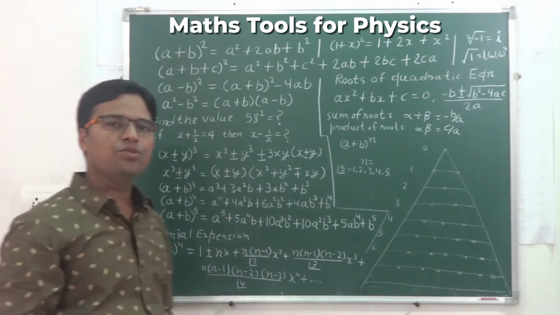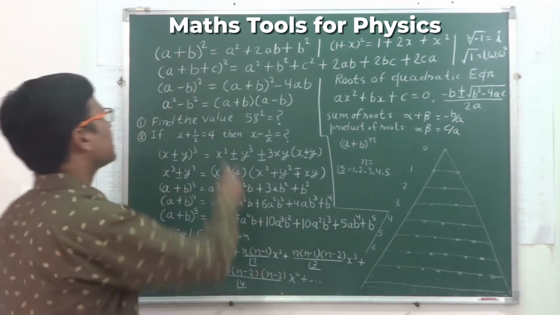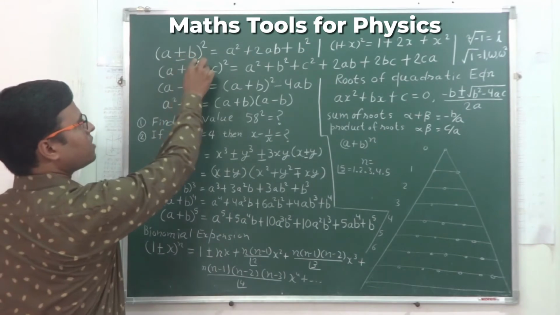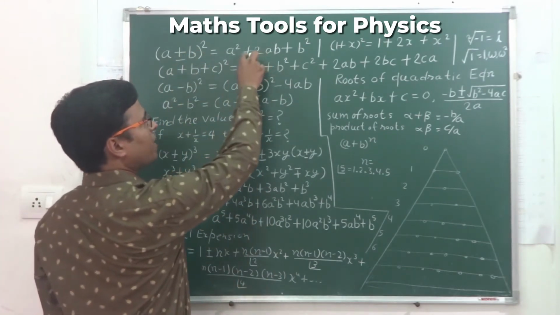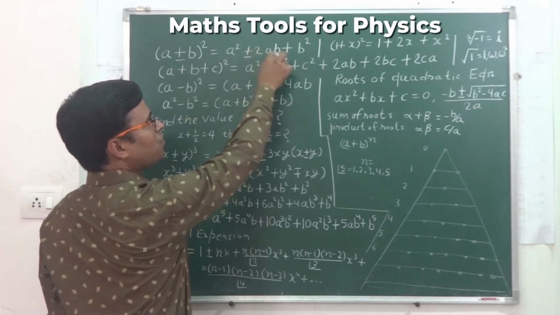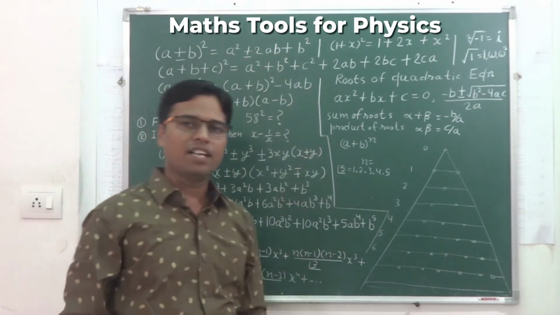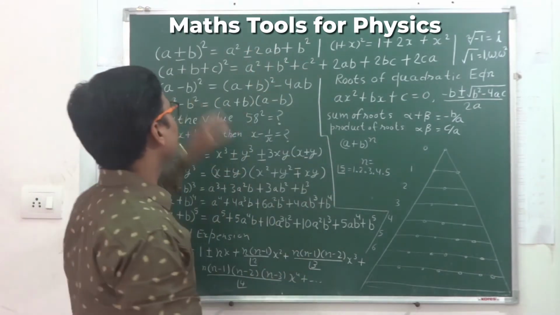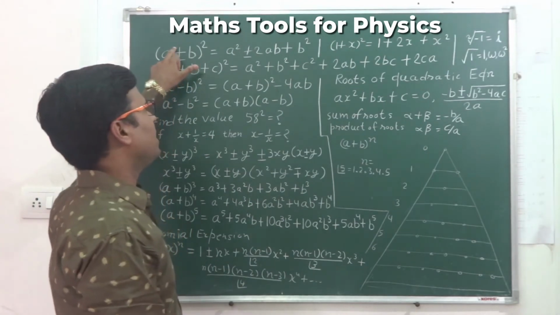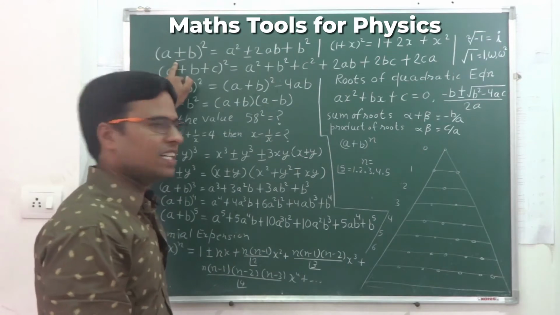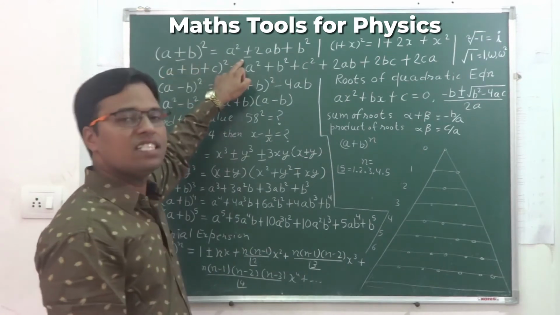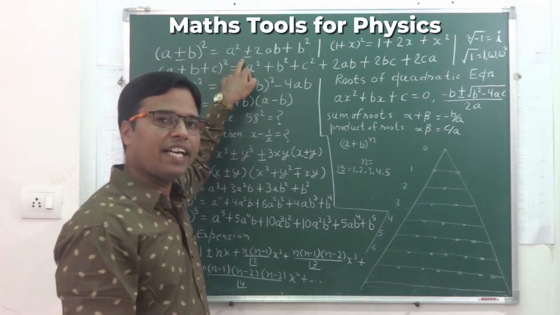Sometimes you read in books: (a ± b)^2 = a^2 ± 2ab + b^2. What does it mean? If you have plus here, then you get plus here. If you have minus here, then you get a negative sign here also.